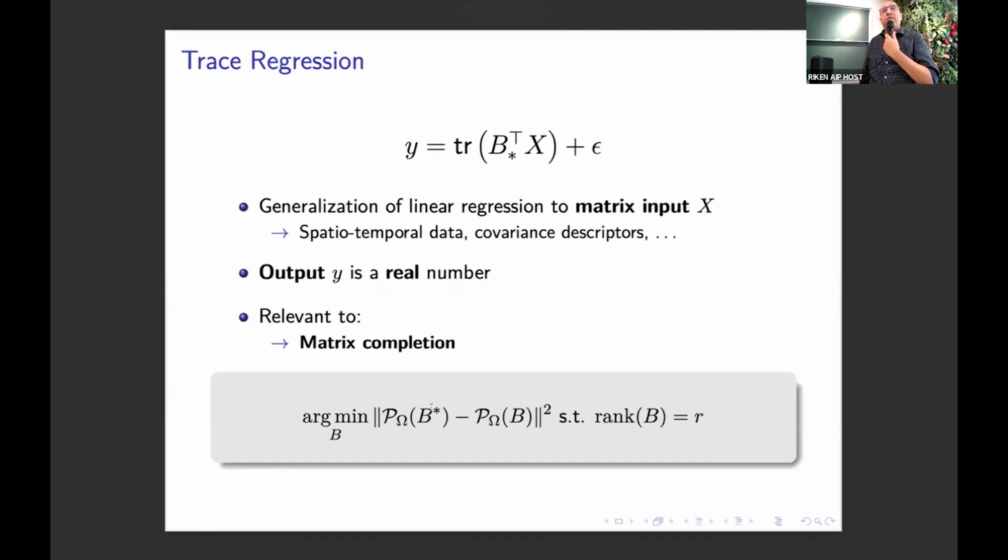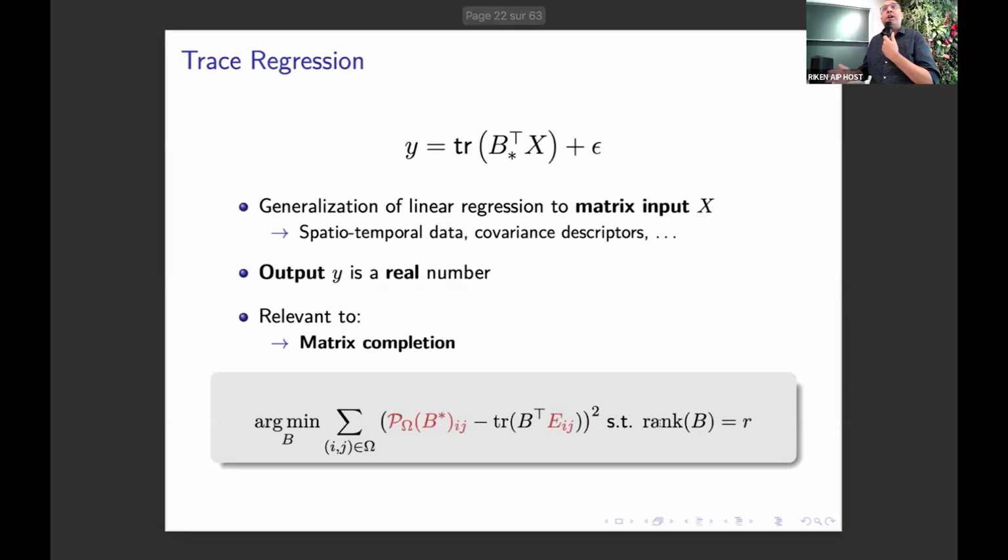To find these points, we can find an approximation by solving this kind of problem. So we have a minimization. P omega is a mask, such that we take into account only the observed values of the matrix, and we can add a constraint on the rank of the matrix. Having this strong rank constraint assumes that we have a strong relationship between the row vectors of the matrix, and this allows us to recover the missing points.